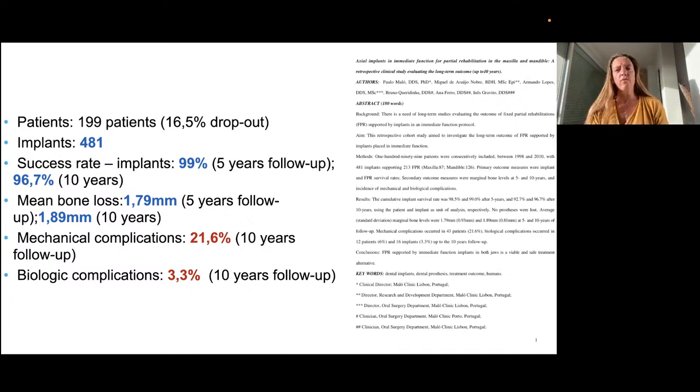And also very important to understand biological complications: 3.3% of the cases. So it's a very low rate, but nevertheless, it's very important to have good compliance with our patients.